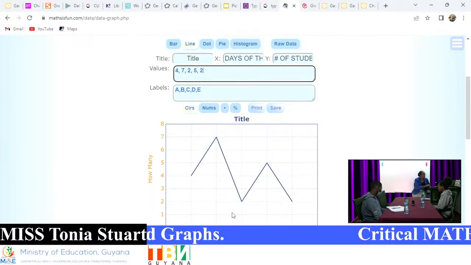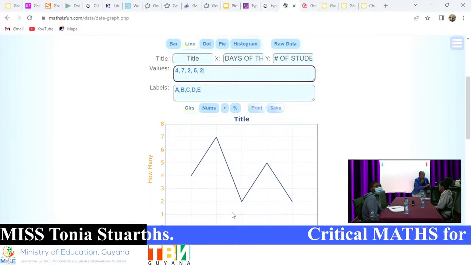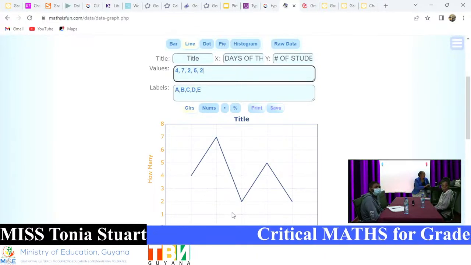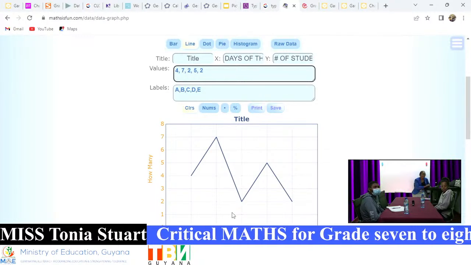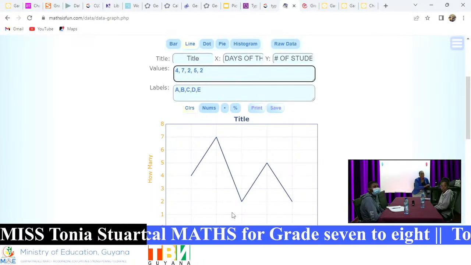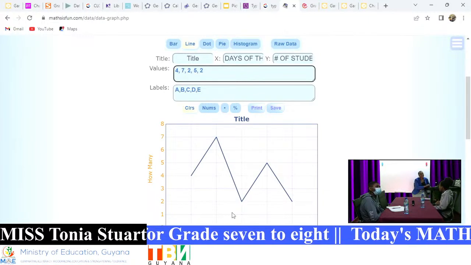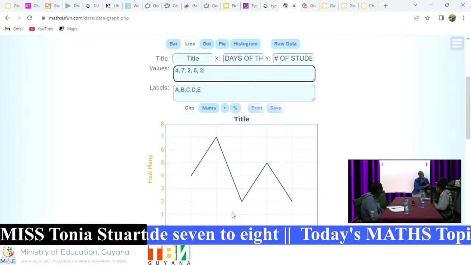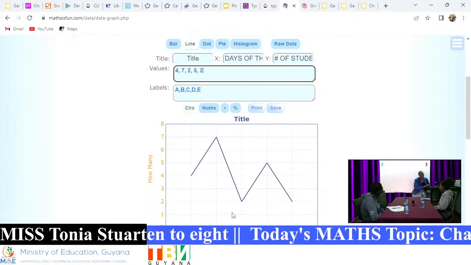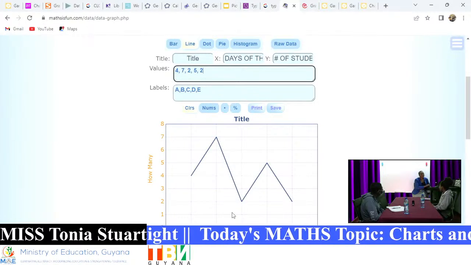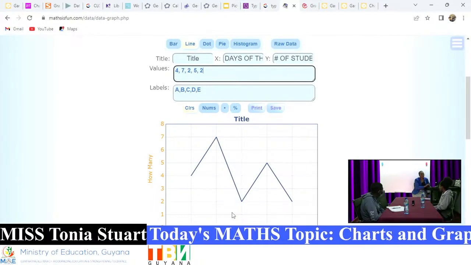All right? So if we look at the line graph as a big picture, what could you say about it? Each line touches a corner. Yes, they connect to each other, from one row to the other.